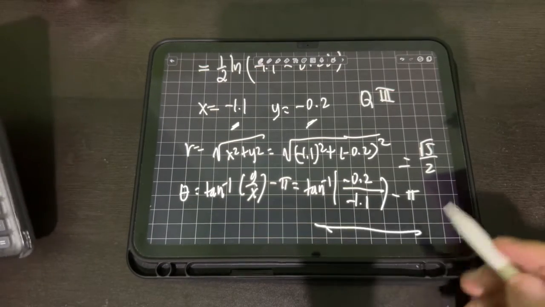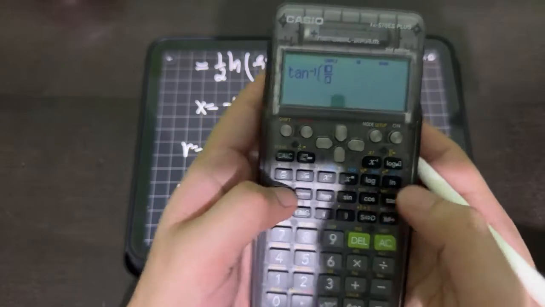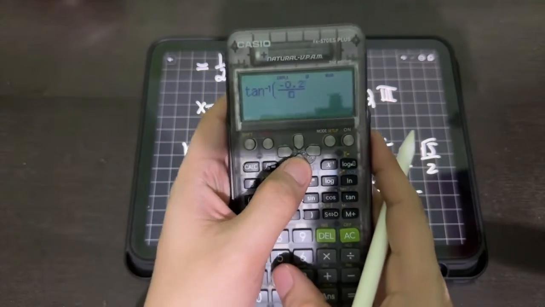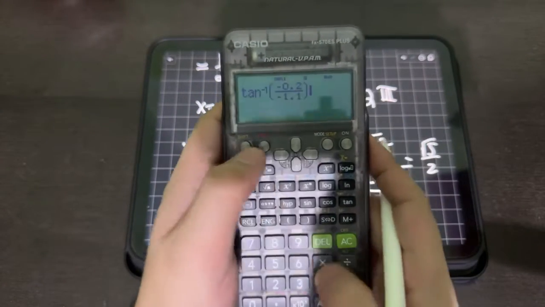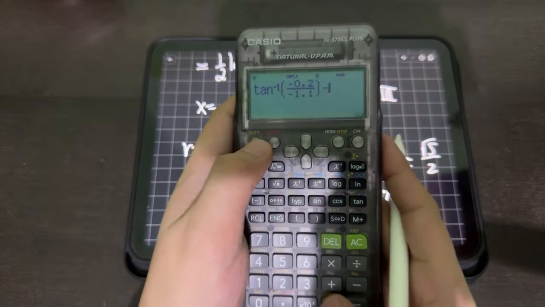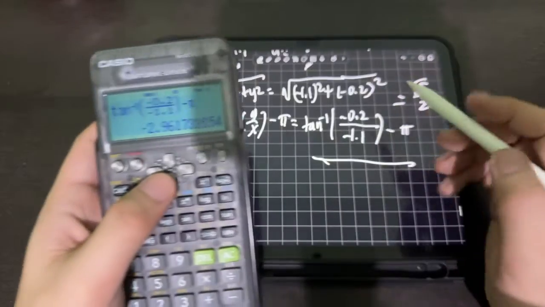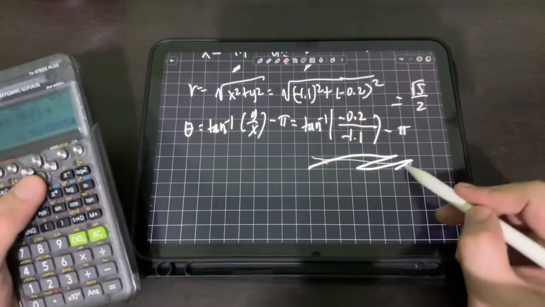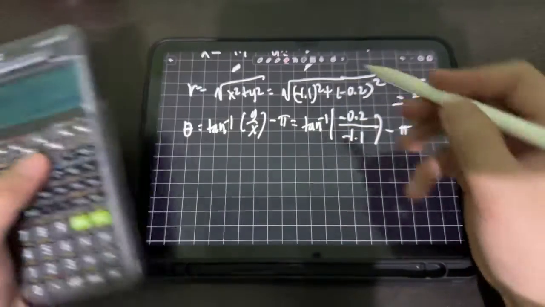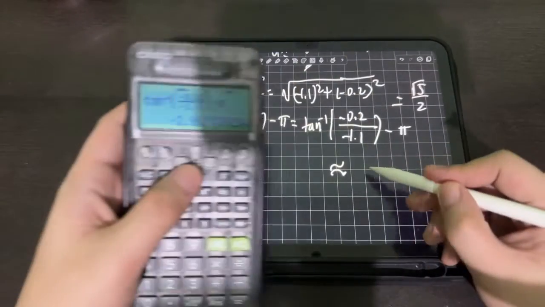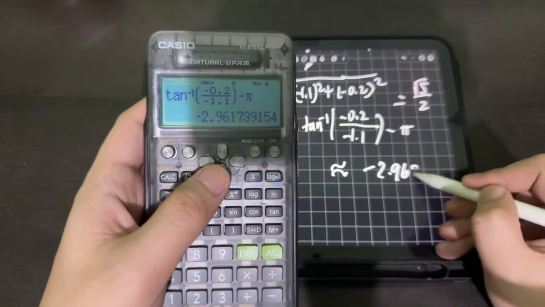Input this in your calculator: arctan of negative 0.2 over negative 1.1, minus pi. So this is approximately equal to negative 2.962 rad.